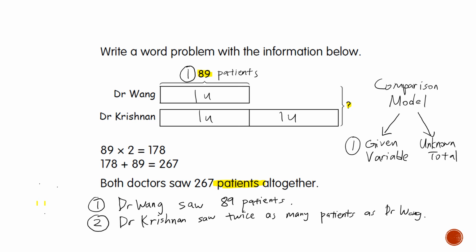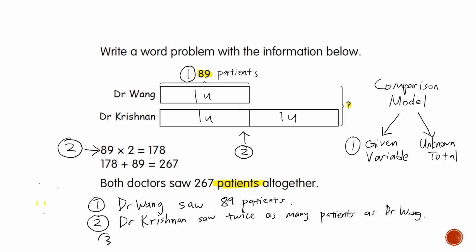And how do we get this information? Very simple. We got it from the first line of working that was given to us. So this is number 2. I will label this to show where we got the information from. And we also got it from here, the second line of the model.